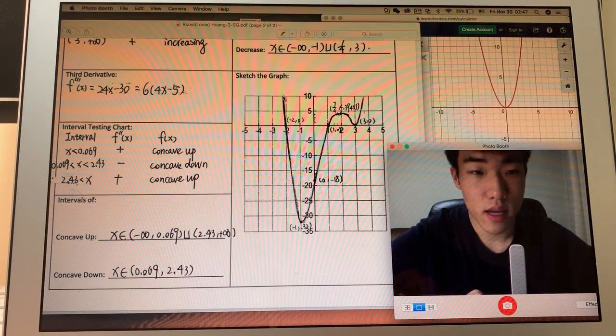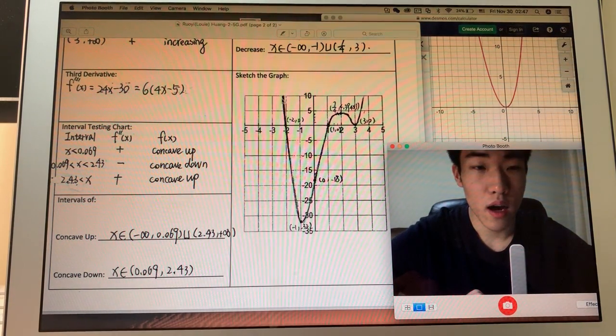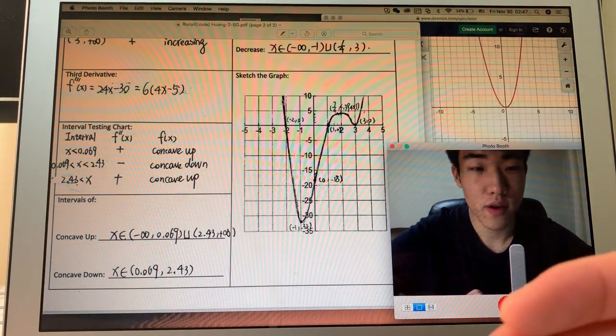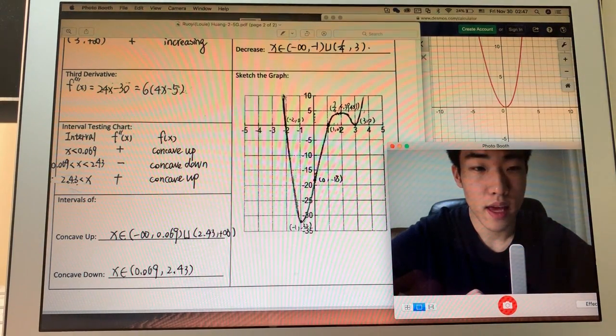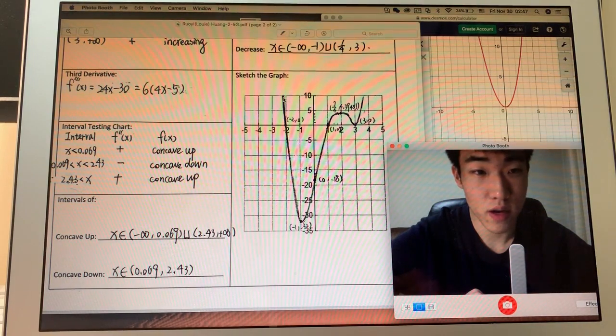In order to connect these dots, we should first figure out the end behavior of the function, since it's a function to the power of 4 and the leading coefficient is positive, so the end behavior is like this, both positive.